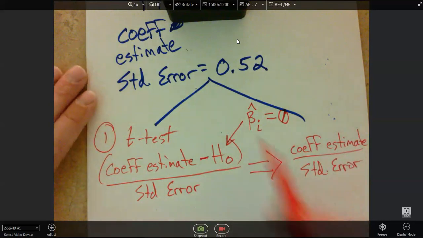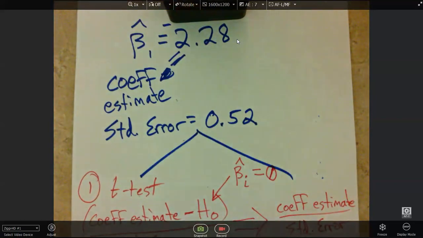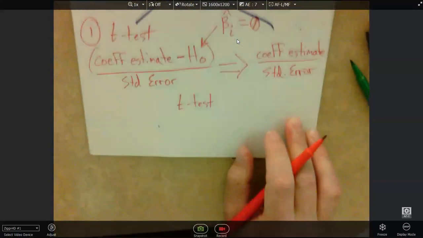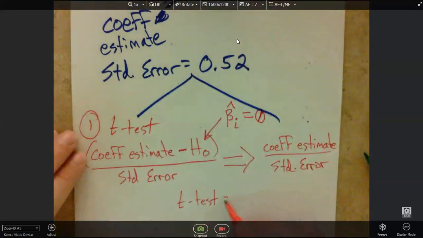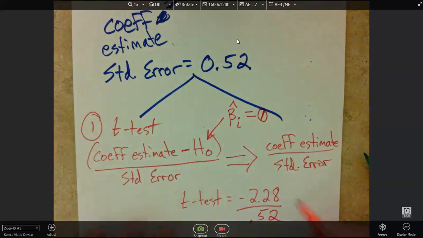So you take the coefficient estimate, that negative 2.28, divide it by 0.52, and then you're comparing it to 1.96. You can round up to 2, but the proper number is 1.96.